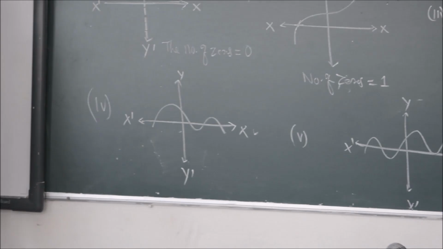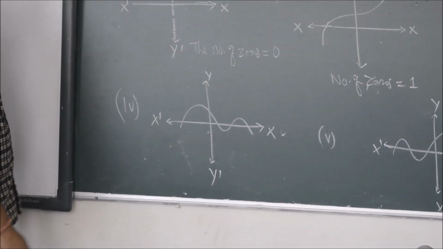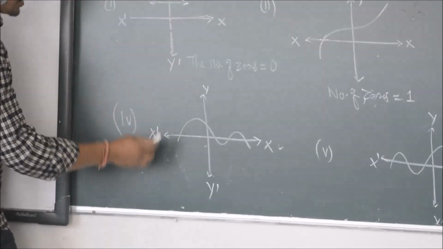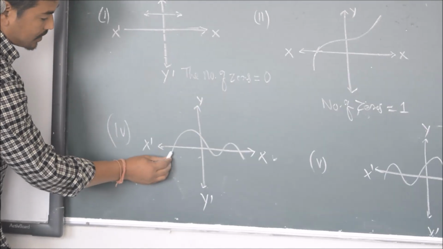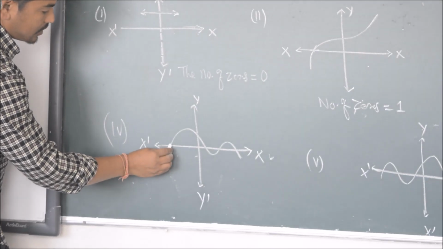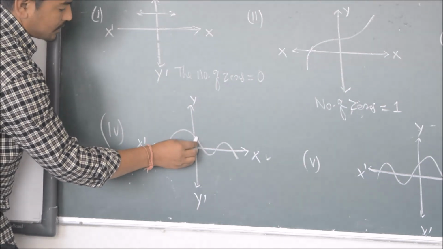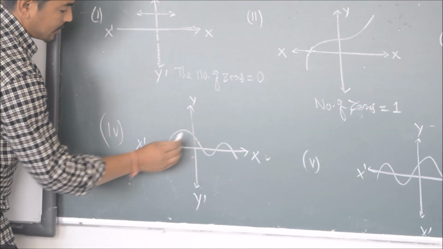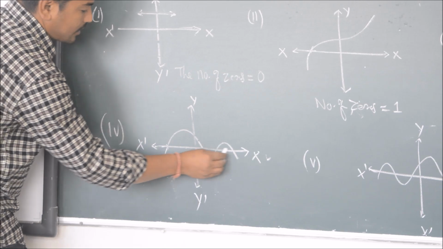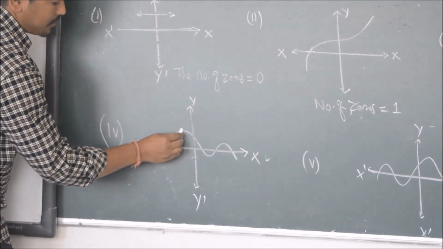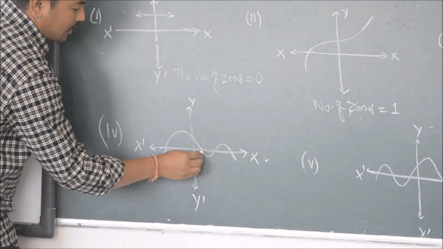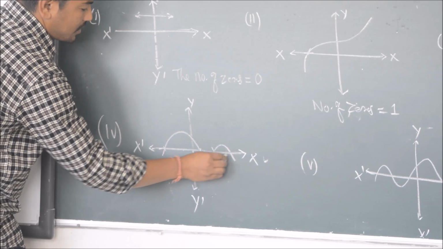Fourth one, it must have many zeros. Let me see. It's going like this. It cuts one time here. Don't look at the y-axis, just look at the x-axis only. One time, two times, three times, four times.